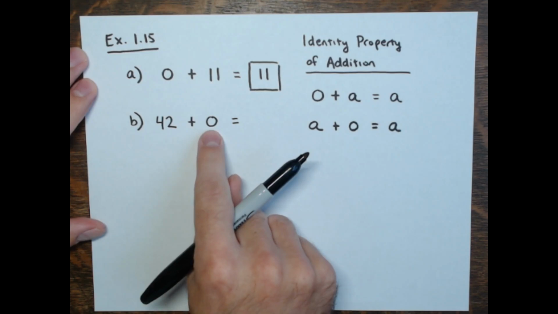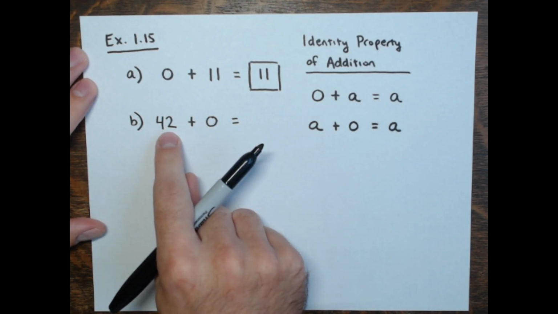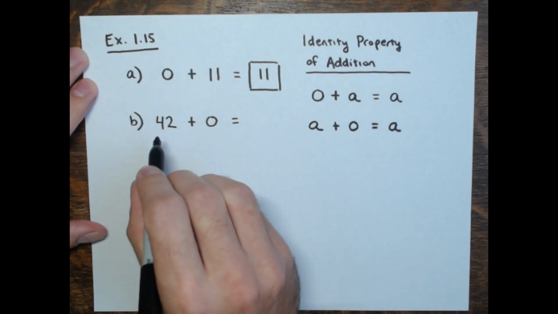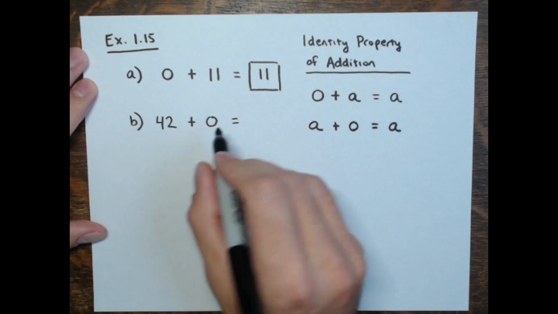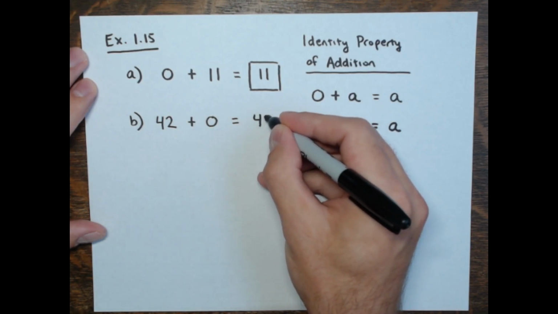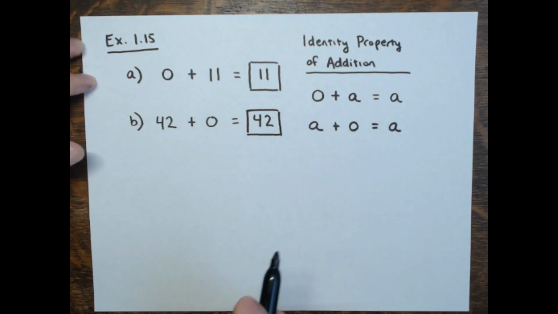Once again, if 0 is one of the addends, then you just end up with the other number. If I have 42 blocks, and I add 0 blocks, you still have 42 blocks, right? So the sum of 42 and 0 is still 42.